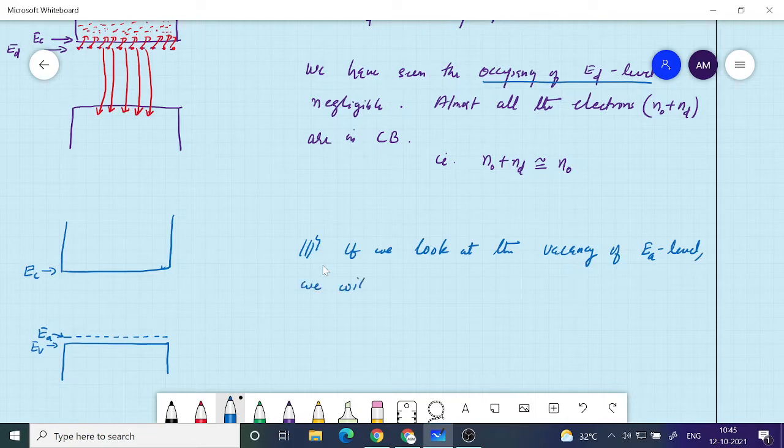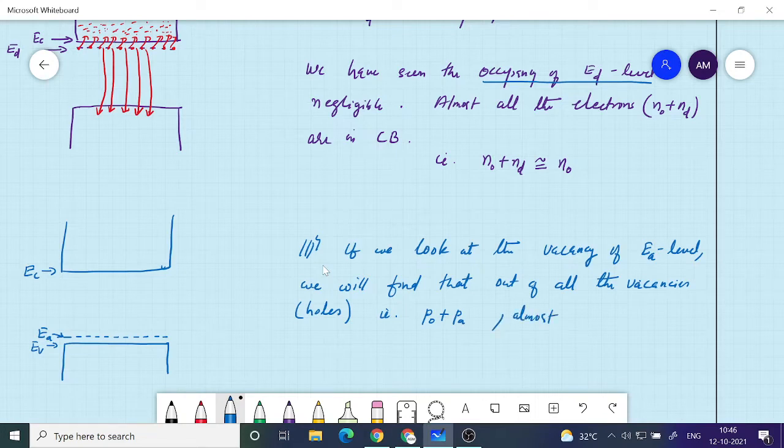we will find that out of all the vacancies, which are also called holes, that is P0 plus PA, almost all of the vacancies are in the valence band.